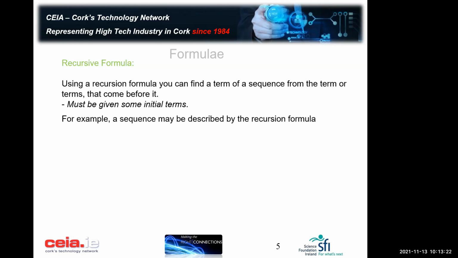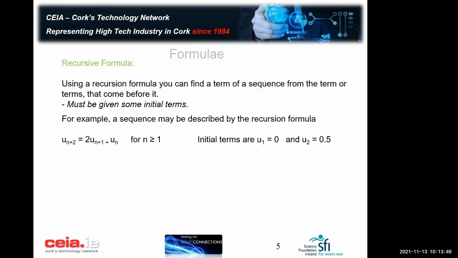So a sequence may be described by a recursion formula like this. You could be given u of n plus 2 is equal to twice u of n plus 1 plus u of n. If you look at that formula, what they're saying is, in order to find u of n plus 2, it's based on knowing the term before it and the term before that.